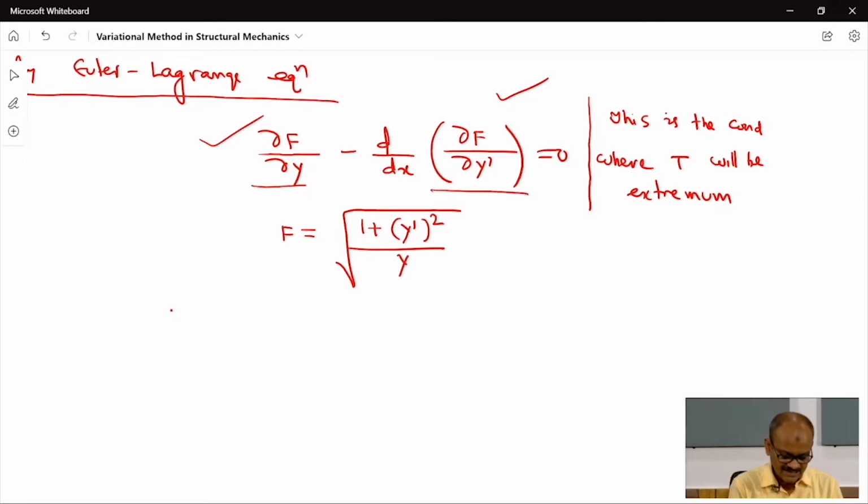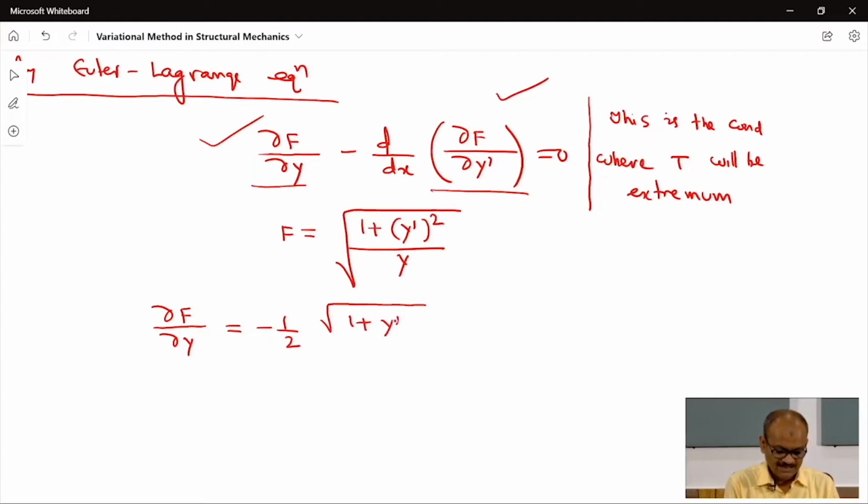Let us write it, del f by del y is equal to minus half into root over of 1 plus y dash square divided by y to the power 3 by 2.